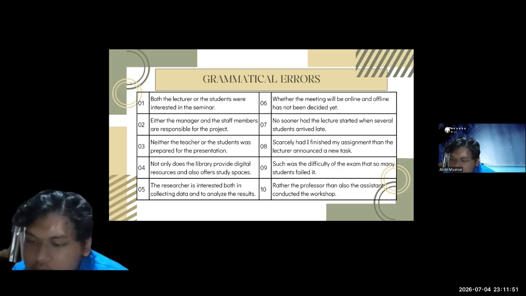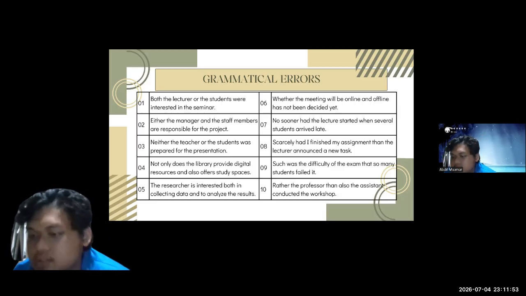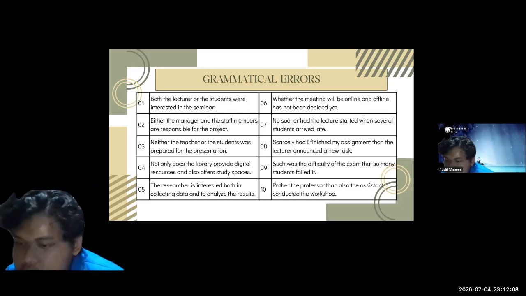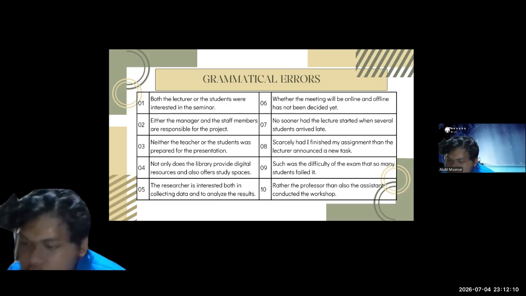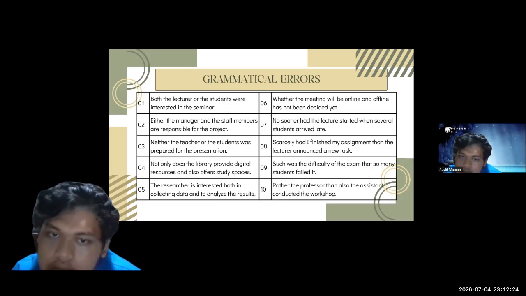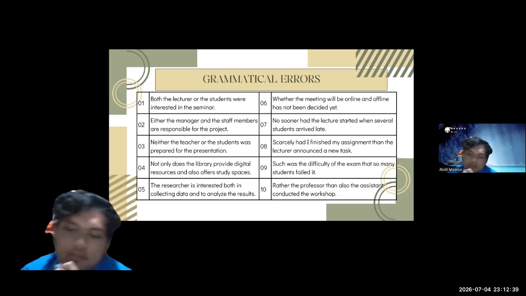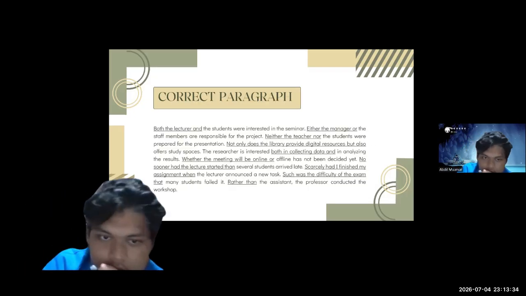So is a redundant intensifier, so remove so. So the correct sentence nine is such was the difficulty of the exam that many students failed it. And rather the professor then also the assistant conducted the workshop. So the correct is rather than the assistant, the professor conducted the workshop. So this is the correct paragraph.